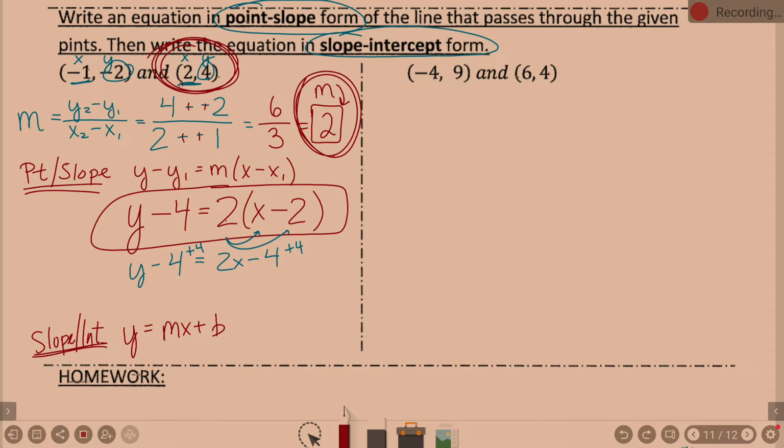Minus 4 plus 4 cancels. Y equals, don't forget 2x. What's minus 4 plus 4? That part's 0. But the other part we still have is y equals 2x. This is your slope-intercept form. Over here was your point-slope form.